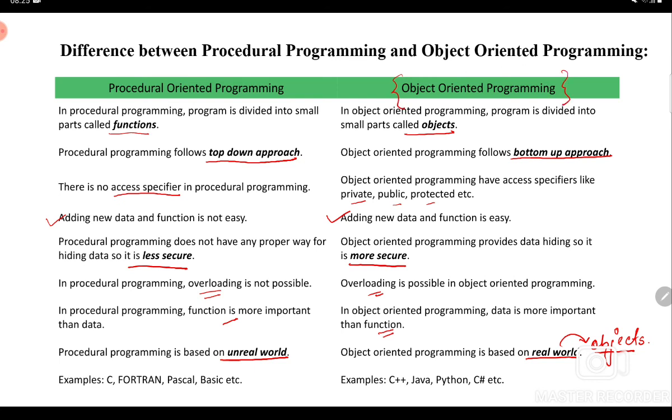It strictly deals with objects, classes, methods, and other object oriented concepts like inheritance, polymorphism, data abstraction, encapsulation. All of these will help us to understand the object oriented programming style in a better way.